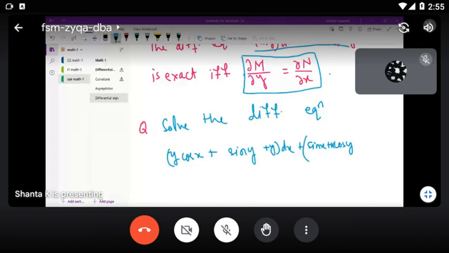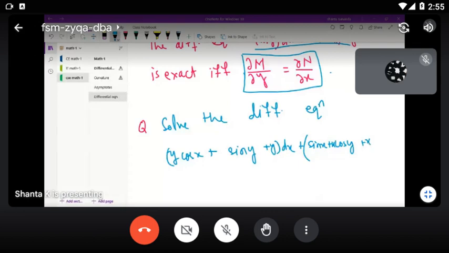Ma'am, we have to solve it or show that it is exact or not. You have to show that it is exact or not.